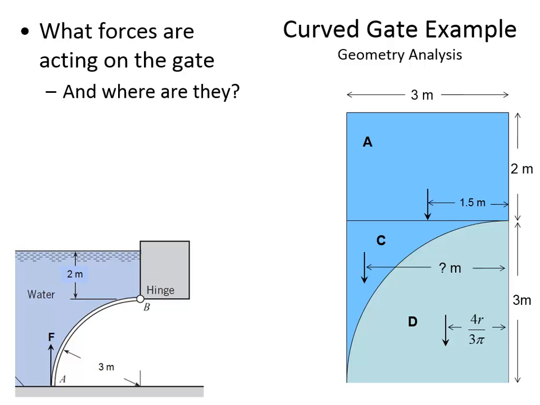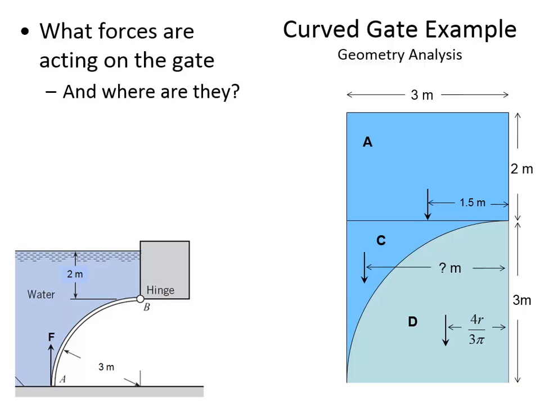Likewise, we can find the force due to element A pretty easily. The force due to element A is simply going to be the volume of element A multiplied by the unit weight of water. And element A is a box that's 2 meters by 3 meters by 4 meters. And the unit weight is 9810 newtons per meter cubed.